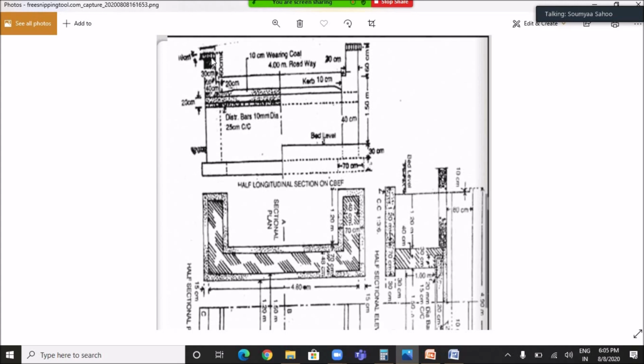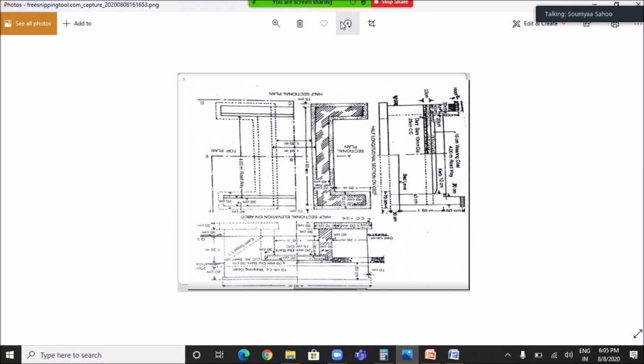If we deduct the height of coping, that is 10 centimeter, from 60 centimeter, we will get the height of the parapet 50 centimeter, and the breadth of parapet here is 30 centimeter or 0.3 meter, and the length of the parapet will be 4.7 meter.